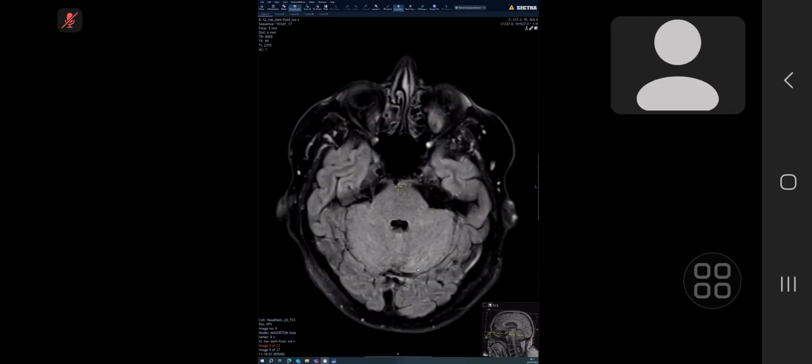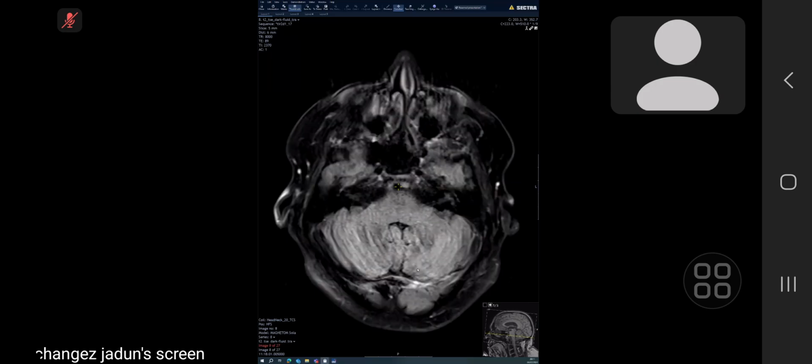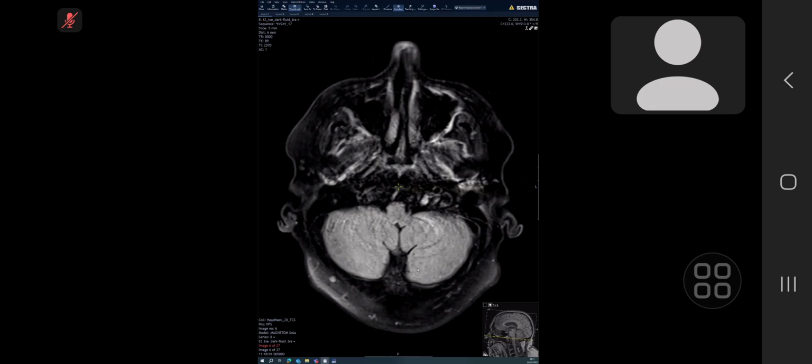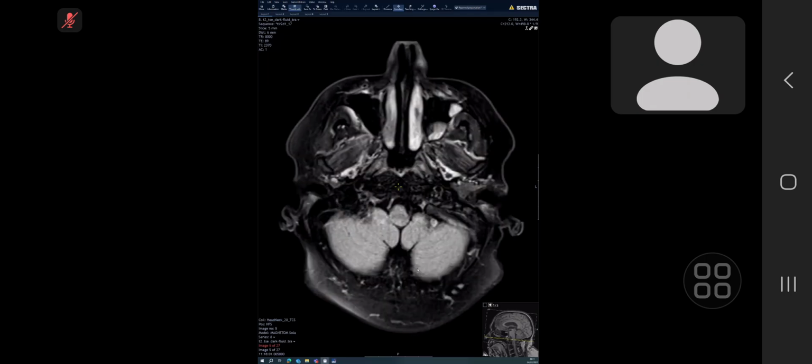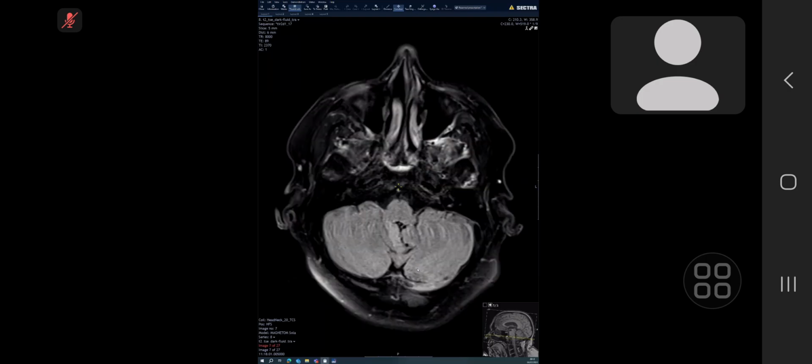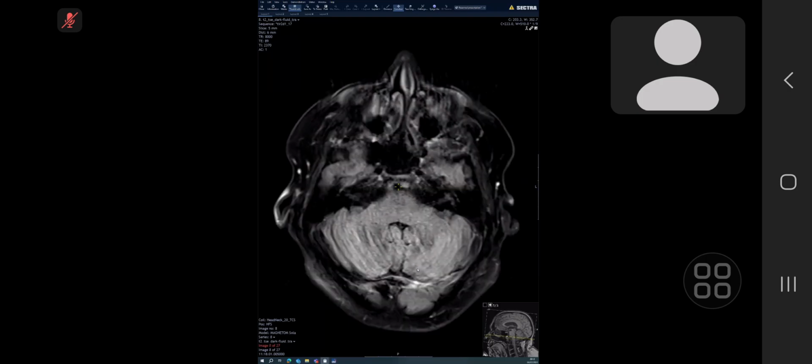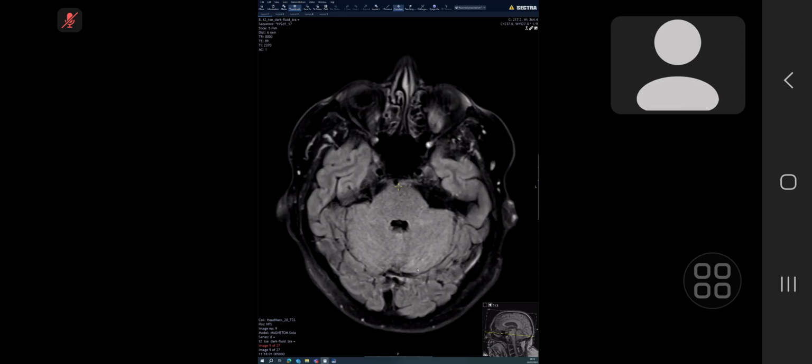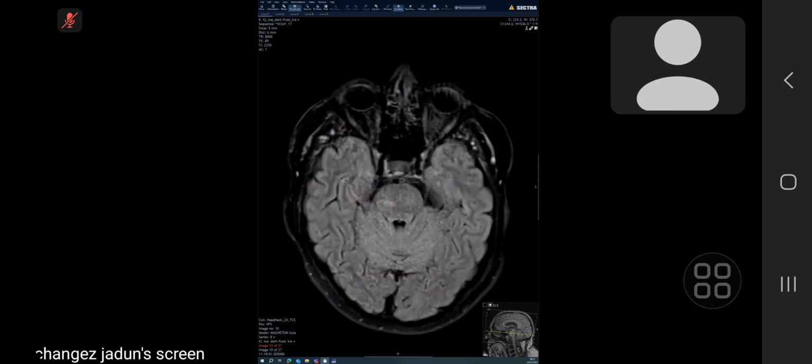Can we go down a little bit again, please? More down. I'm suspecting a slightly hyperintense left transverse sinus, but I would like to see it on T2 to ascertain whether the flow void is preserved or not.